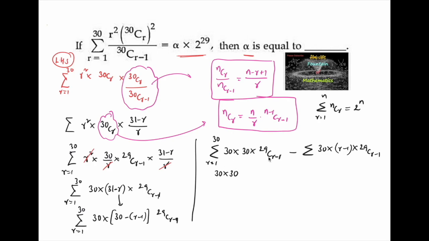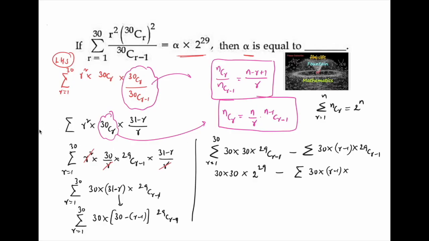So when r is equal to 30, we'll be getting 30 minus 1, that is 29. So 29c29, you will be getting 2 power n. So we can write 2 to the power 29 minus here summation 30 into r minus 1.